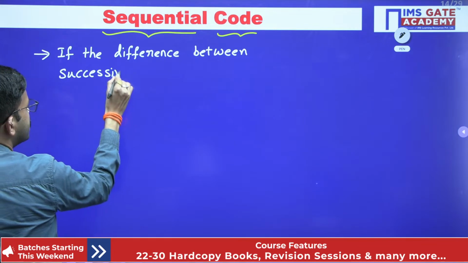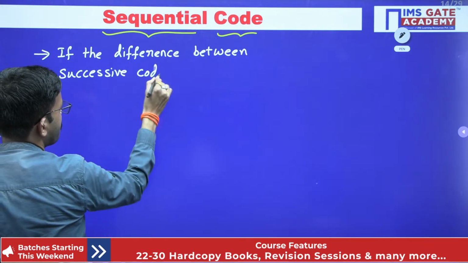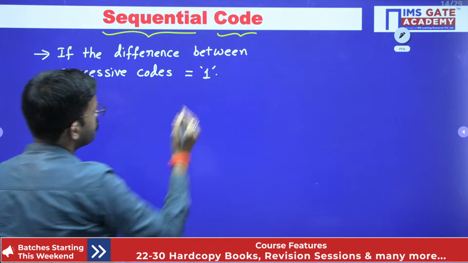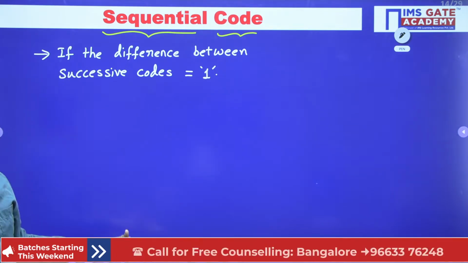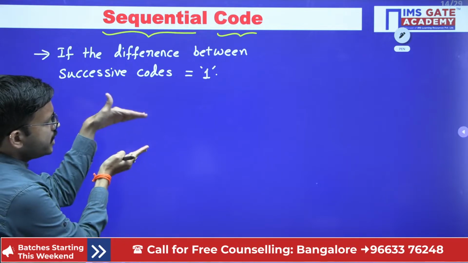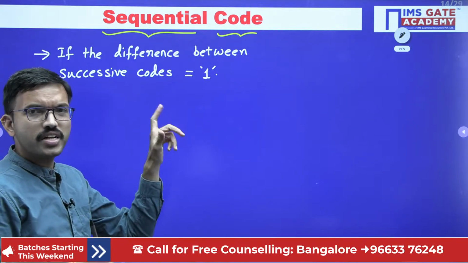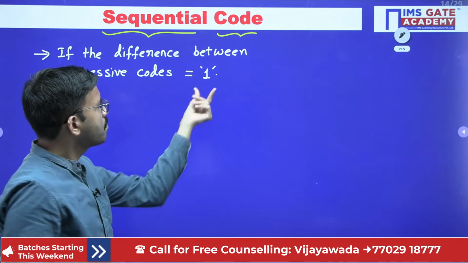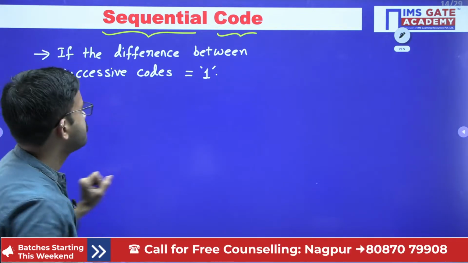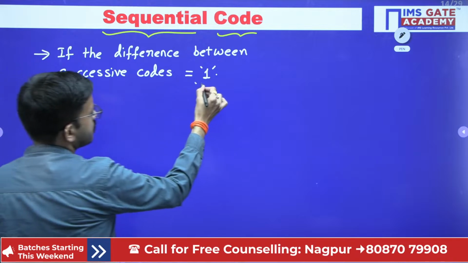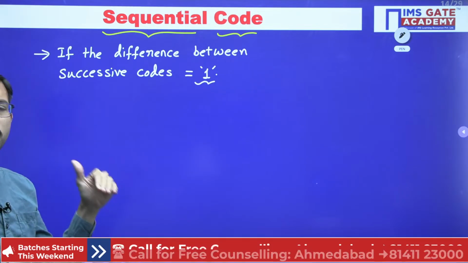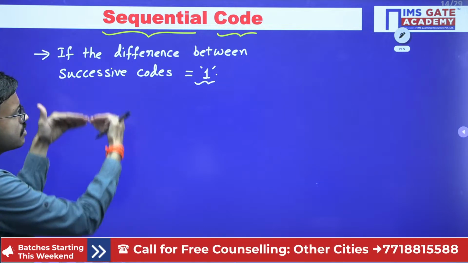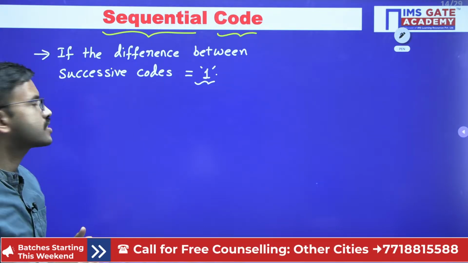If the difference between successive codes is equal to 1, that means if you consider any two successive codes and subtract the smaller from the larger, you will get magnitude-wise 1. Otherwise, if you add 1 to the previous one, you will get the next code like that. You are getting the code in a sequence.